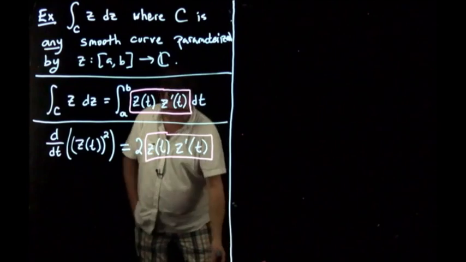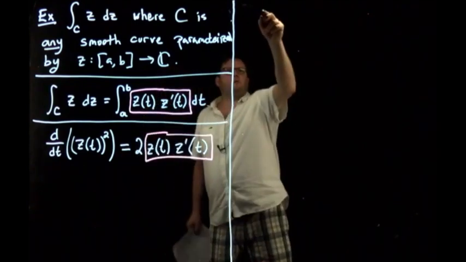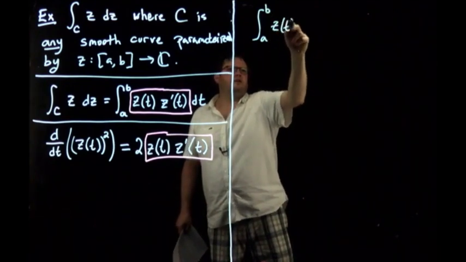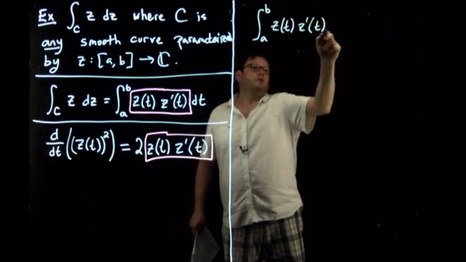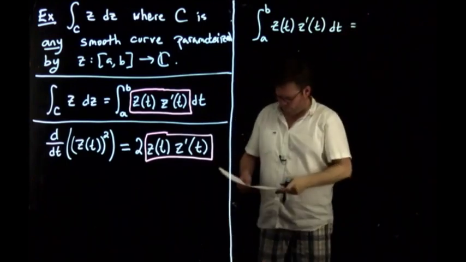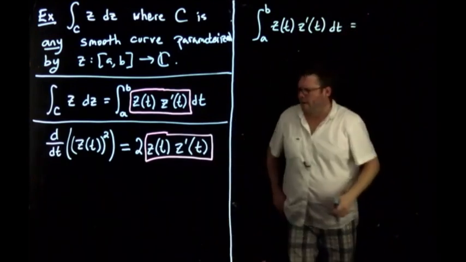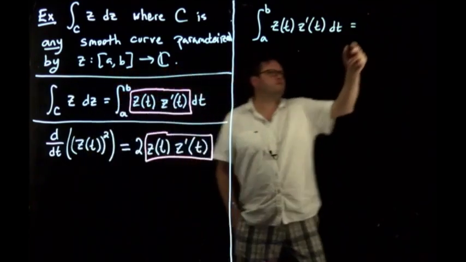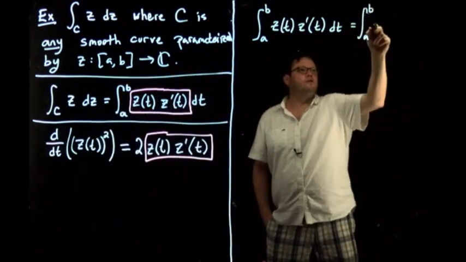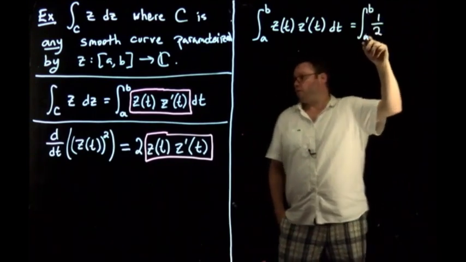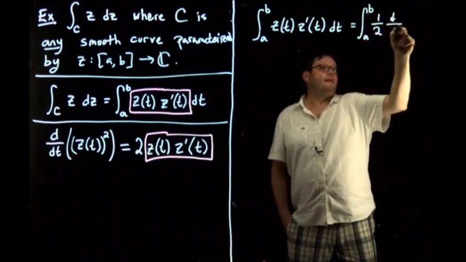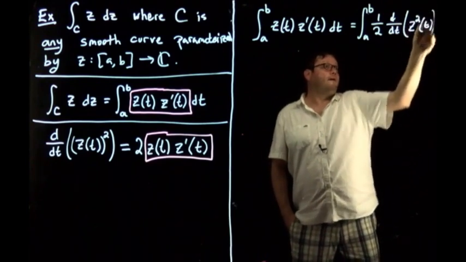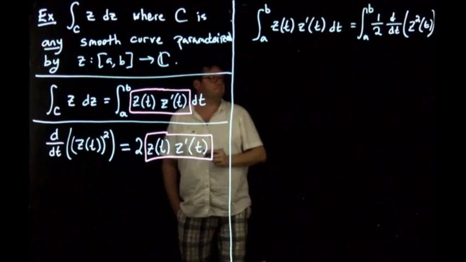So what does that mean? Well, the integral we want to do, which is the integral from a to b of z of t times z prime of t, is 1/2 of this derivative. The integrand is 1/2 of that derivative. I'll write it that way this time.